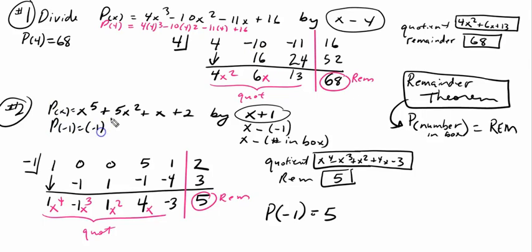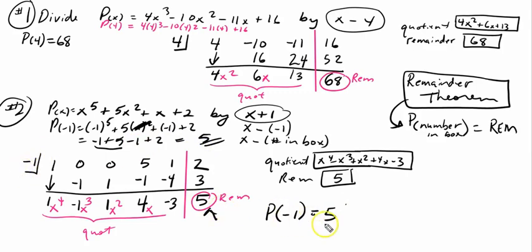Well, it's going to be -1 to the 5th plus 5 times -1 squared plus -1 plus 2. -1 to an odd power is going to be -1. -1 squared is +1, so 5 times 1 is 5. So -1 plus 5 is 4, minus 1 is going to be 3, and 3 plus 2 is 5. Okay, but if I've already done this, P evaluated at the number in the box is equal to the remainder.